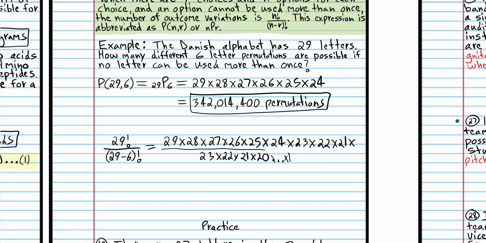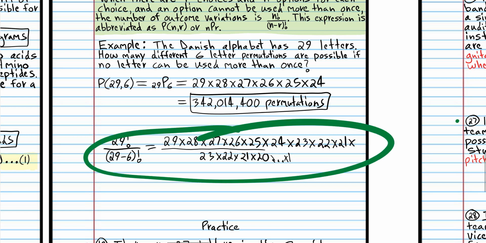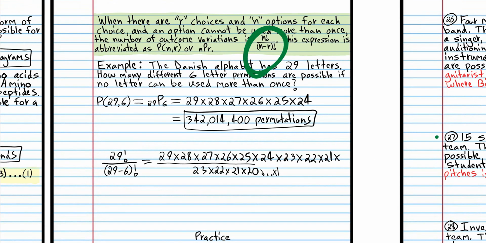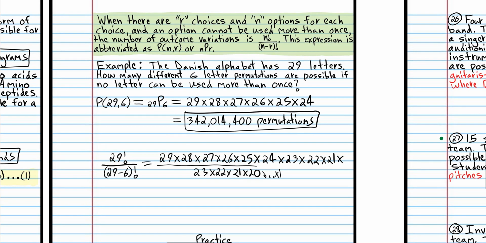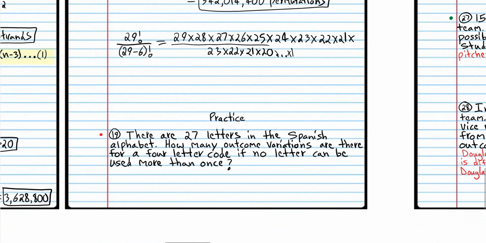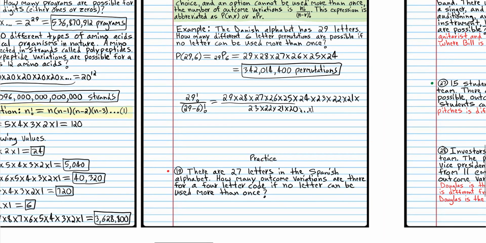So you don't really have to think about this notation when you do these problems. That's just a way to mathematically express how we would do this. If you want to do the actual calculation yourself without a calculator, you could just write this expression. But if you wanted to write a mathematical expression, you would need the factorial notation. So let's try some practice problems.